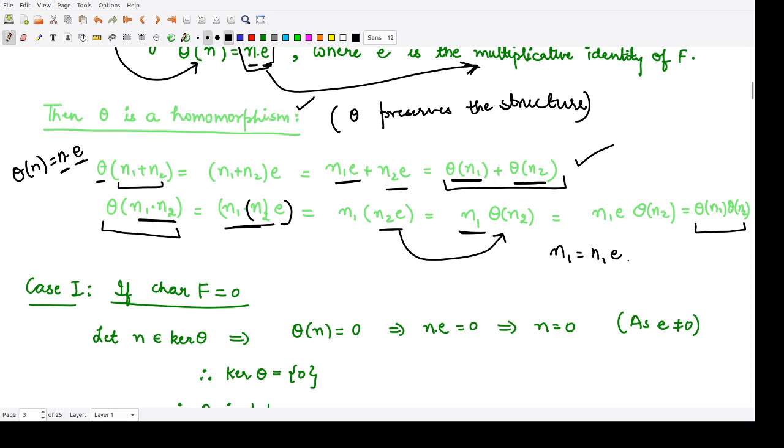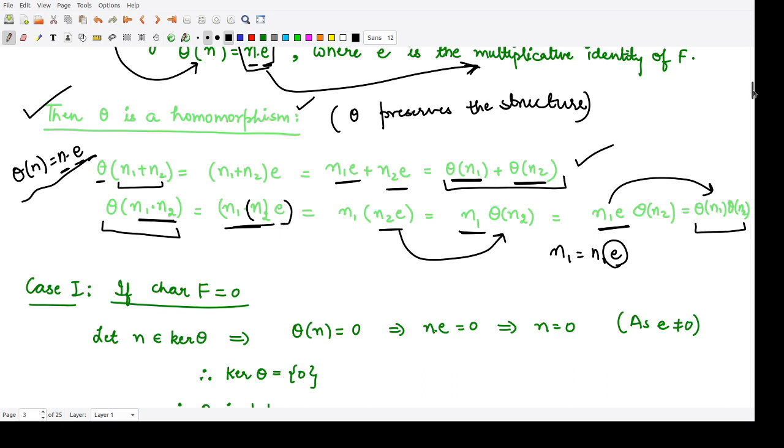There is no problem, because e is the multiplicative identity. So n1 now becomes n1 into e, and by definition, n1 into e is theta of n1. So we have proved that this mapping theta is a homomorphism.